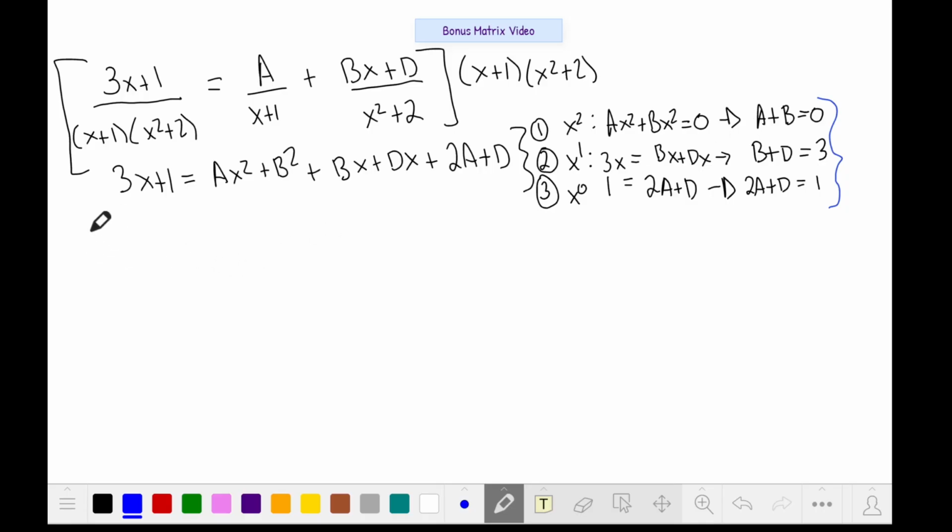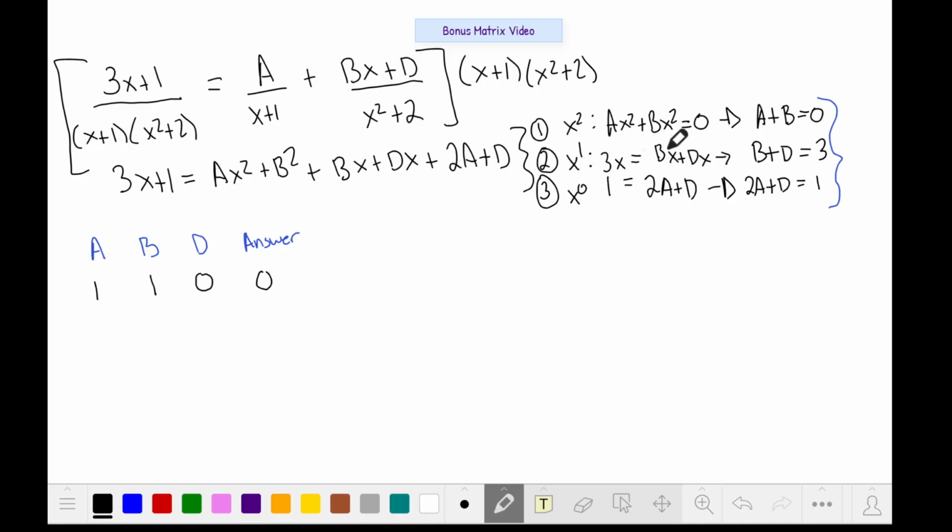So what we're going to do is have a row of our a terms, a row of the b's, a row for d, and then a final row for the answer. All right. So for the first equation, we have 1a, 1b, no d's, notice it's just a plus b, and the answer was 0.